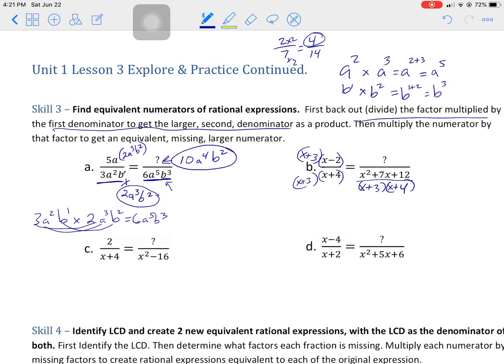So you can put x plus 3 over x minus 2 as your answer. That's perfectly fine. Check with your instructor if they want you to then FOIL that together, right? This times this is x squared. This is negative 2x. This is 3x, this is negative 6, combined like terms, x squared plus x minus 6.